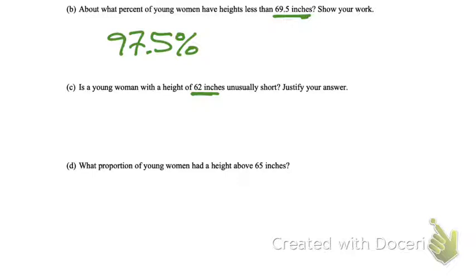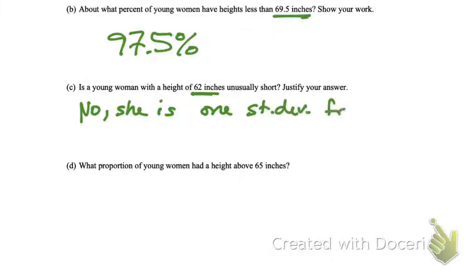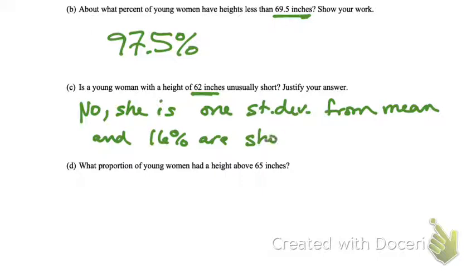It doesn't sound like a lot to you, maybe, but 16% is a lot for statistics. So I would say no. She is 1 standard deviation from the mean, and 16% are shorter.